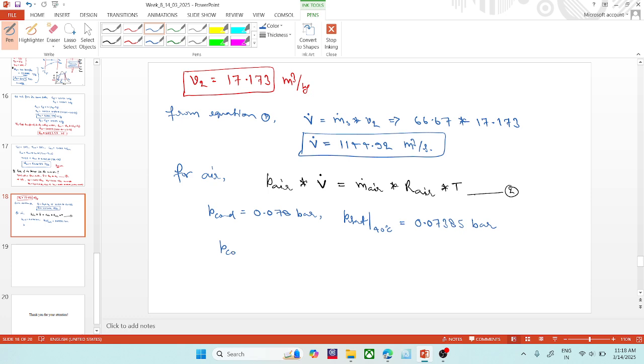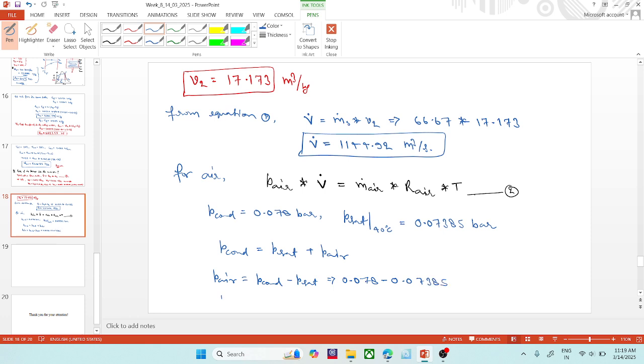the condenser pressure would be saturated pressure plus air pressure. So the P air would be condenser pressure minus saturation pressure, which would be 0.078 minus 0.07385.